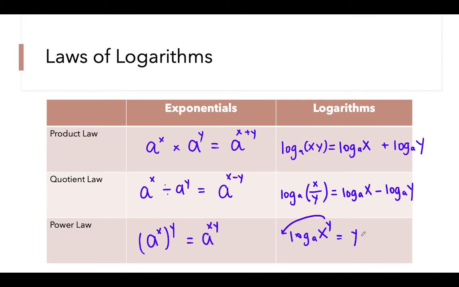So it becomes y times log base a of x. Now, keep in mind there are some restrictions. X has to be greater than 0, and y also has to be greater than 0. And a, the base, also has to be greater than 0. But a cannot be 1, or else it's going to be linear and no exponential will work.